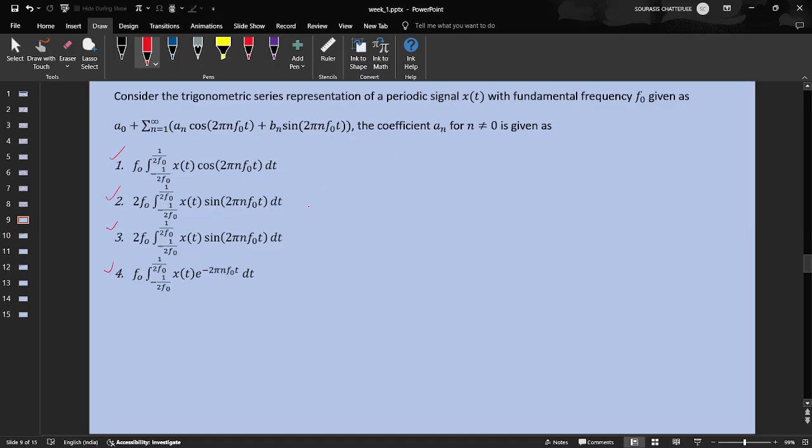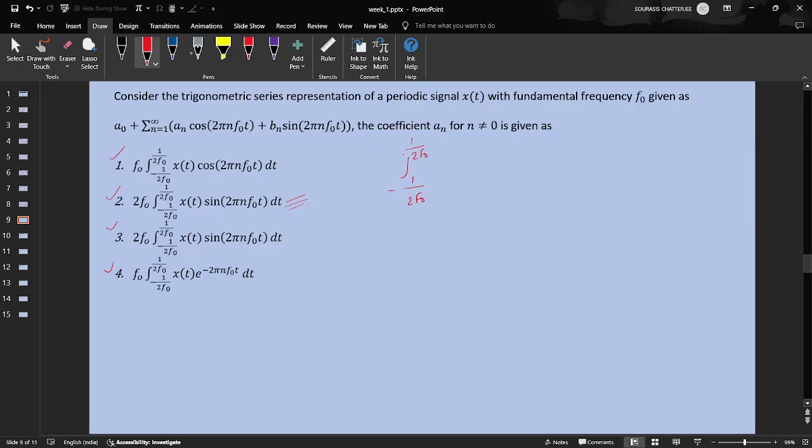So let us begin with the second option to see what will happen. So we have 2 f naught. Let's sideline the constant part as of now and focus on computing the integral. The integral is defined from minus 1 over 2 f naught to 1 over 2 f naught.